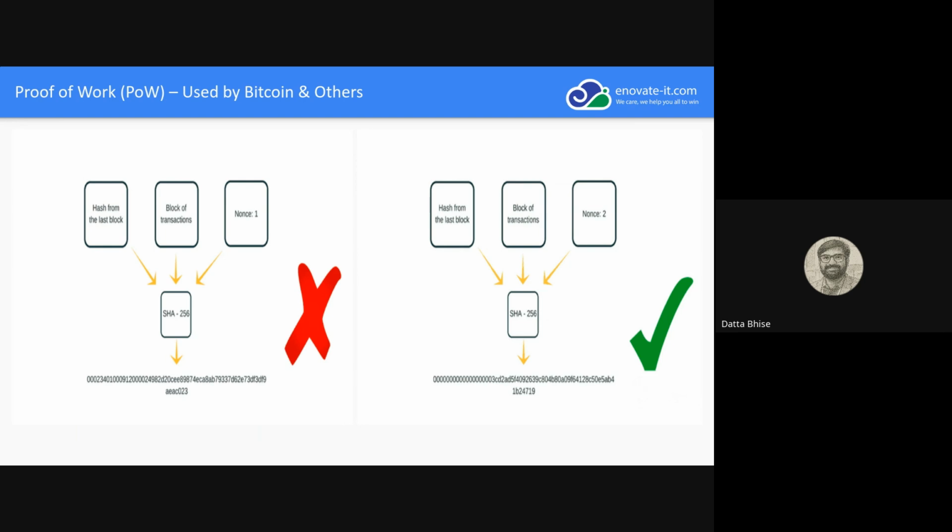Now one interesting thing is, who decides this number of zeros? Obviously the network decides it, sometimes every 2 weeks. As I mentioned, Bitcoin takes 10 minutes to create one block.